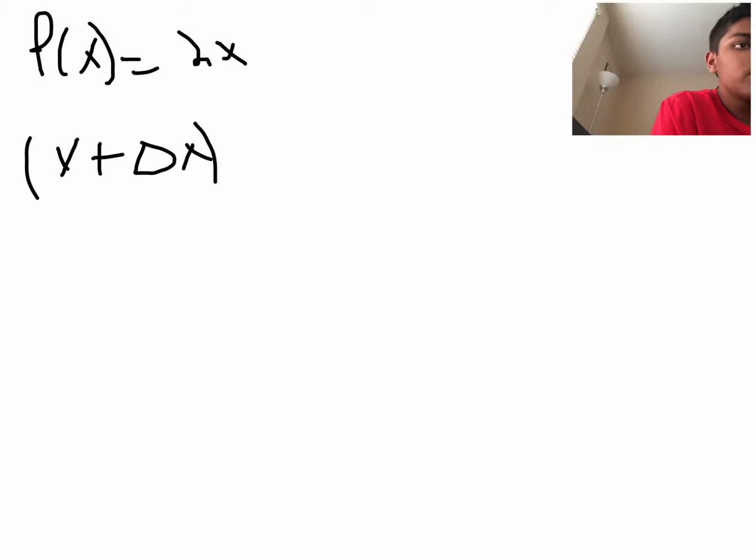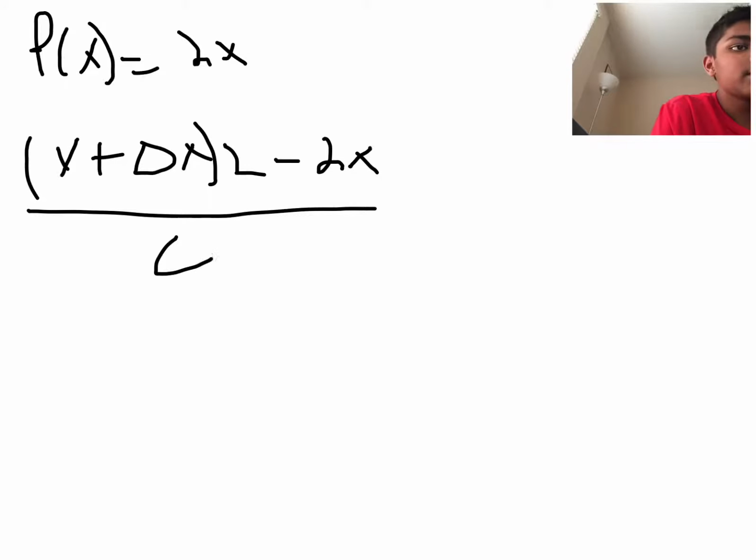We can use this to find the derivative of any function, but for now we'll just start out with something easy. We'll find the derivative of f of x equals 2x. So we have 2 times x plus delta x minus 2x, because f of x is equal to 2x, all over delta x.